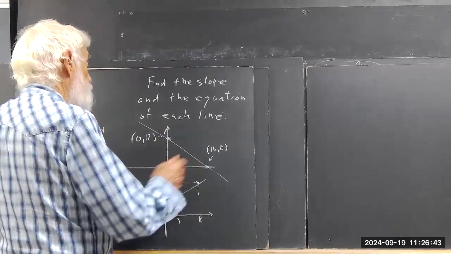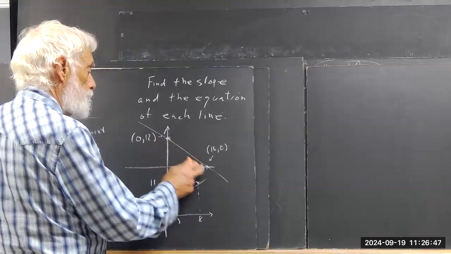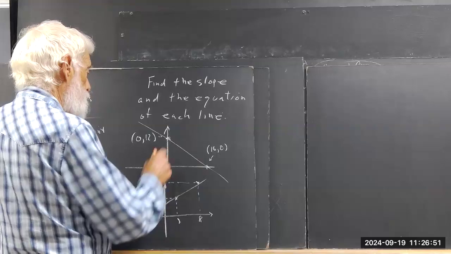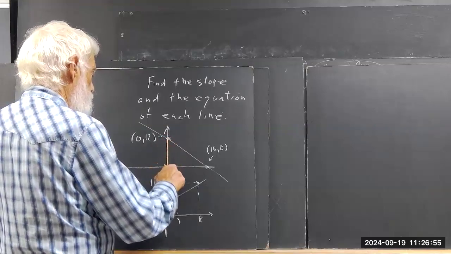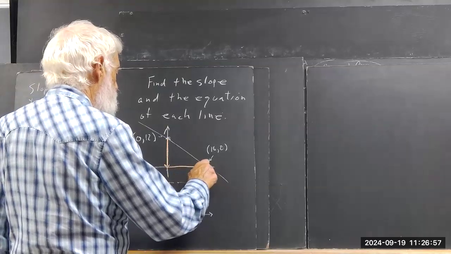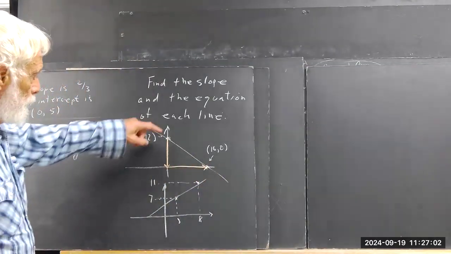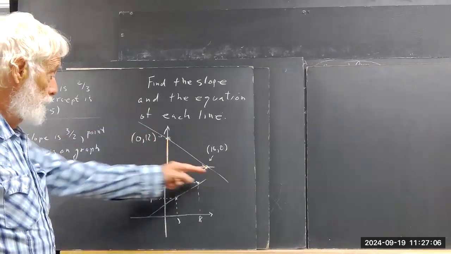So triangles just consist of the line segment between the 2 points, and vertical and horizontal arrows to take it from this point to this point. Okay, so it's this way and this way.